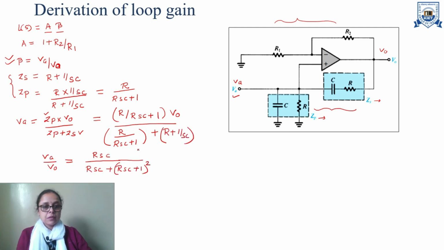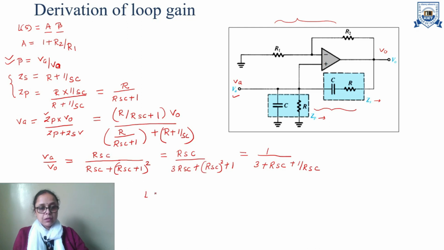Now if we simplify this equation, we will get RSC divided by RSC plus (RSC plus 1) whole square, and it can be written as RSC divided by 3RSC plus (RSC) whole square plus 1.